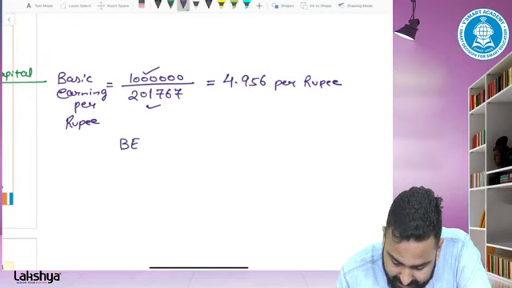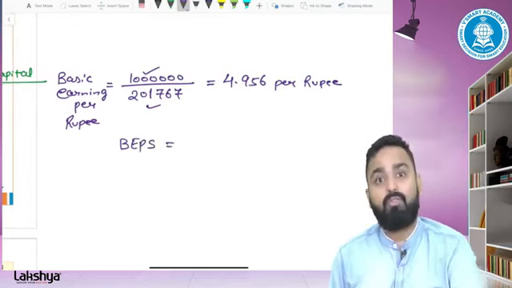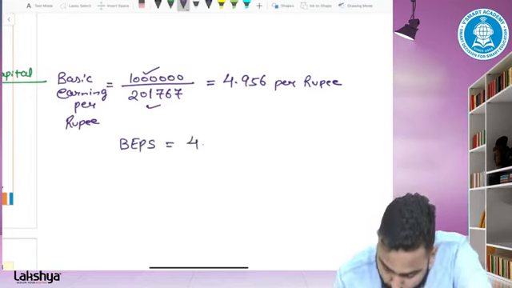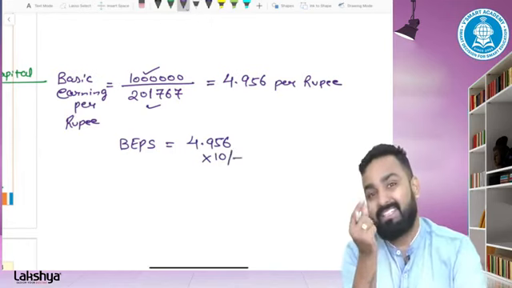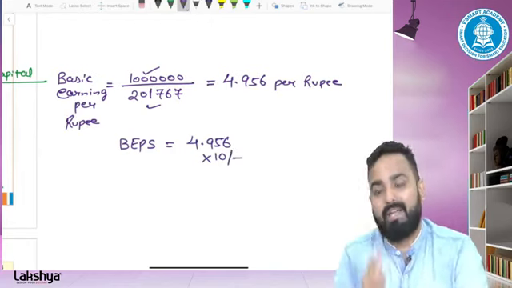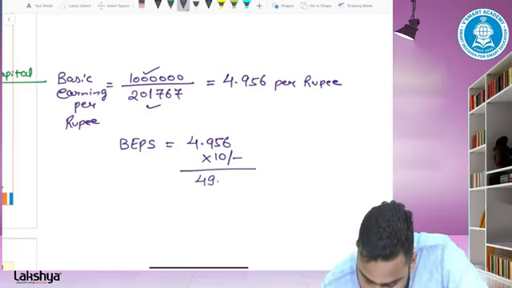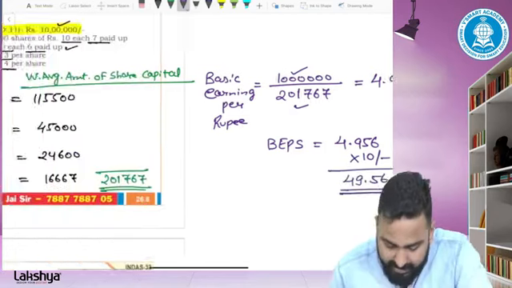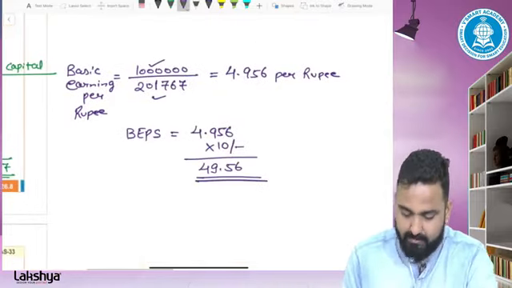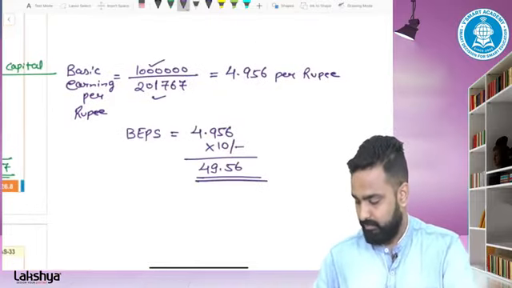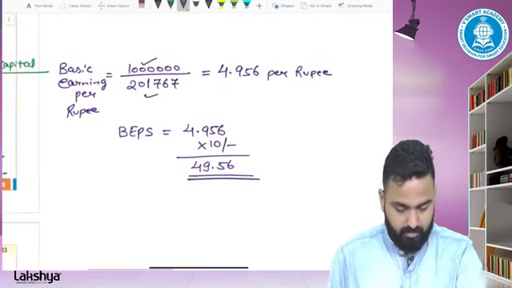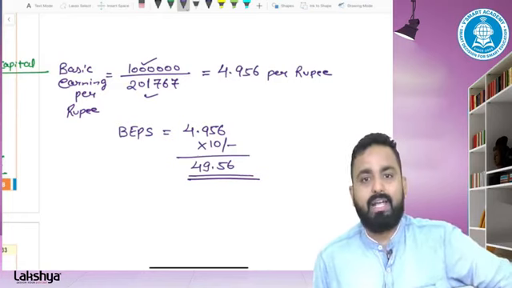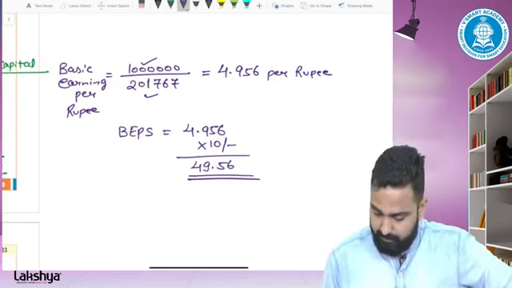So what will be the basic earning per share? 4.956 into 10. 10 is the face value, the fully paid value. So it becomes 49.56. Understood or not?